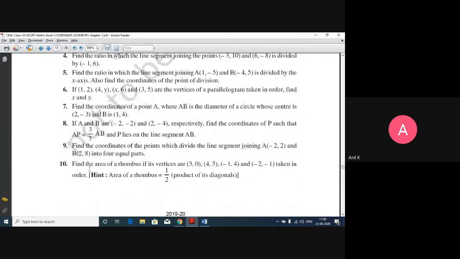Now when I come to the seventh question: find the coordinates of a point A where AB is a diameter of the circle whose center is 2 comma minus 3 and B is 1 comma 4.